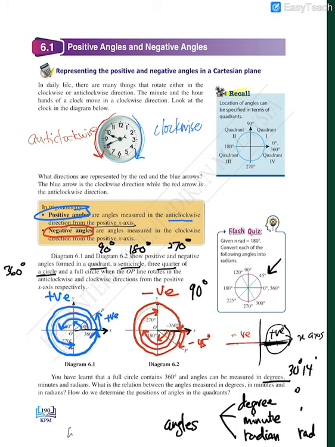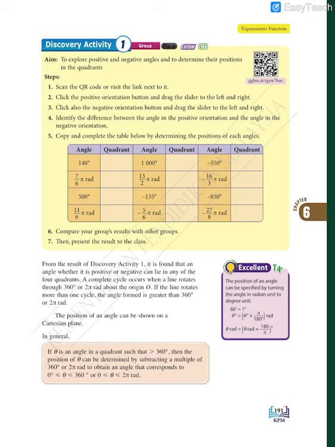So here is a flash quiz where pi radian is given as 180 degrees. Can you convert all the angles into radians? I think we already learned this in Form 4, right? We learned how to convert from radian to degree and from degree to radian. Let's go to the next page.